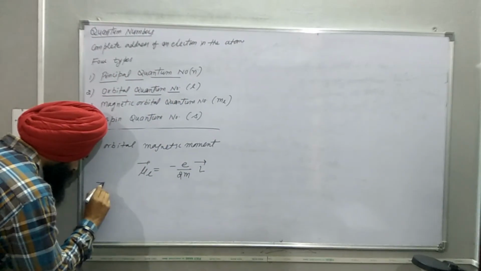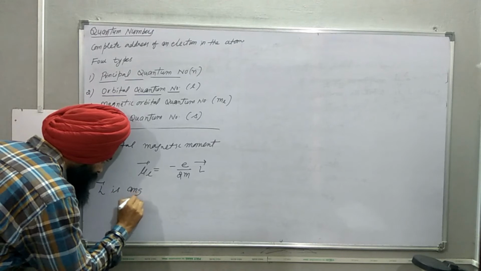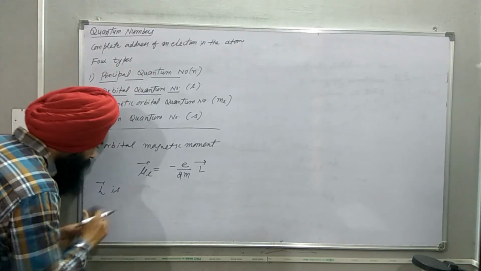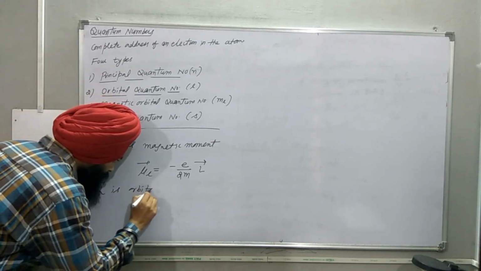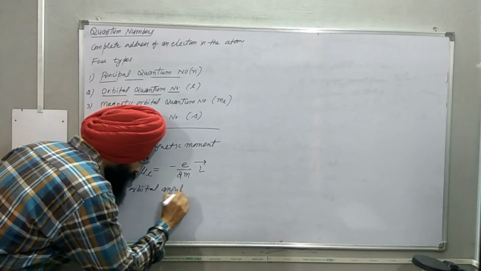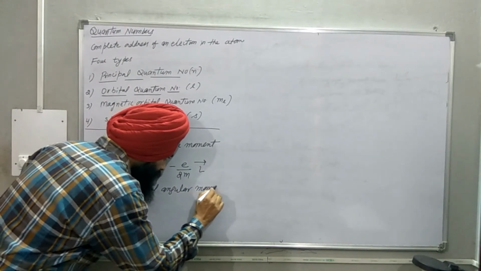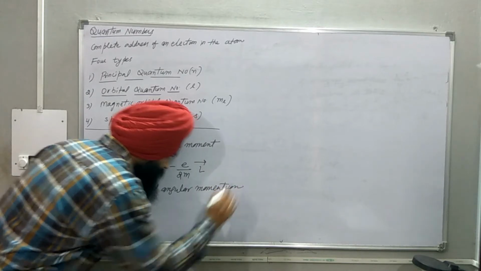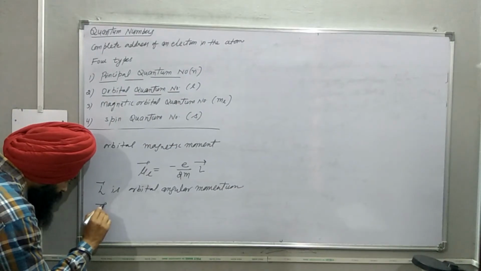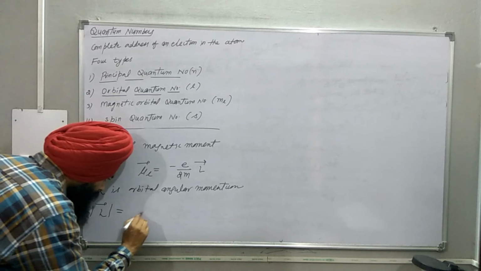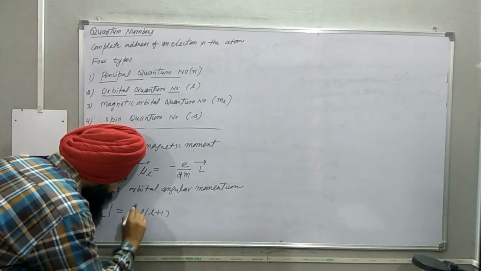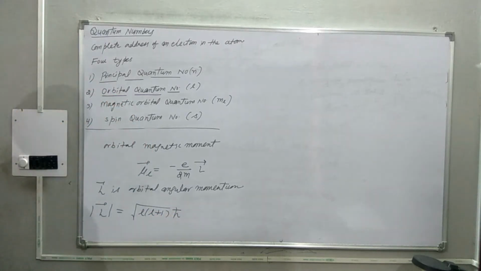Here L is the orbital angular momentum, and its magnitude is square root of L into L plus 1, into h cut.